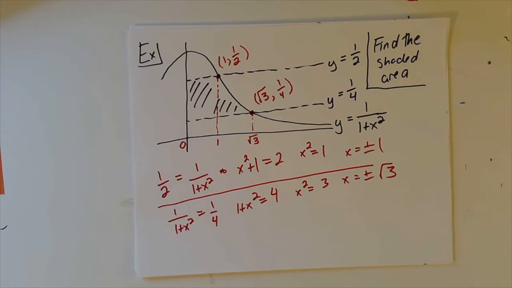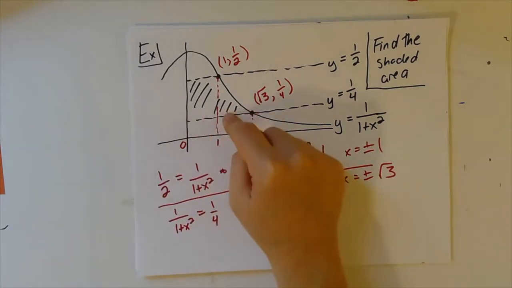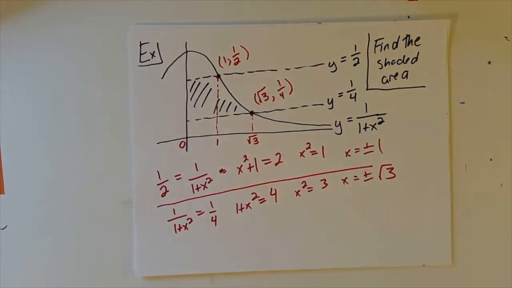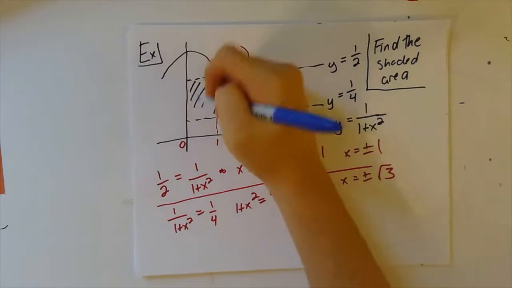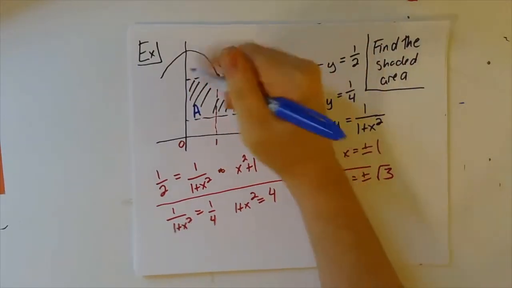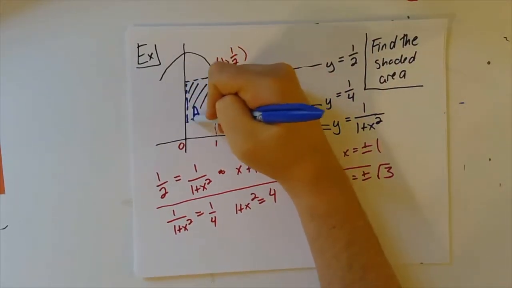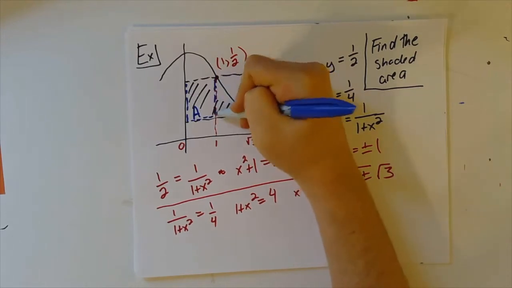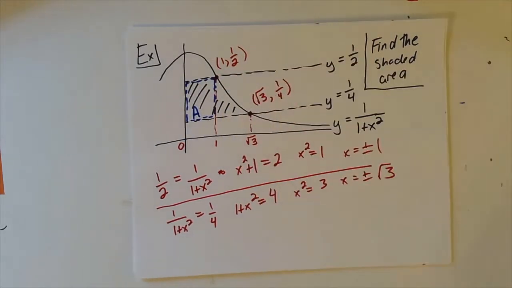Okay. Now I want to figure out the black area. Now, how am I going to do that? Well, I'm going to try and break it up across this piece. And if I squint, it's not so hard to convince myself that this thing, which I'm going to label A, is a rectangle.